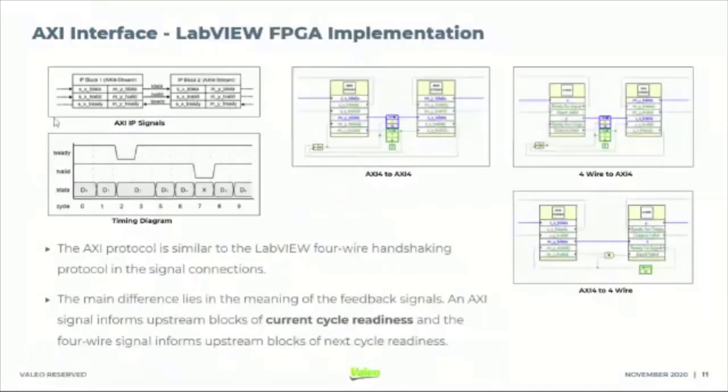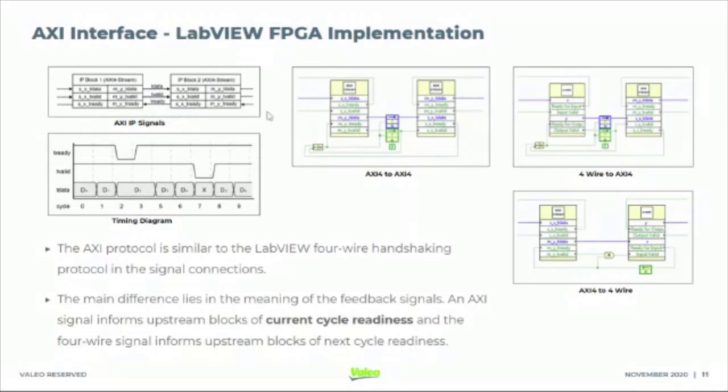The basics of this AXI IP is that it has three inputs and three outputs. It acts like a master, and the downstream node is a slave. The master sends the data along with a data validity signal, and then the slave informs upstream whether it is ready to accept the data or not.